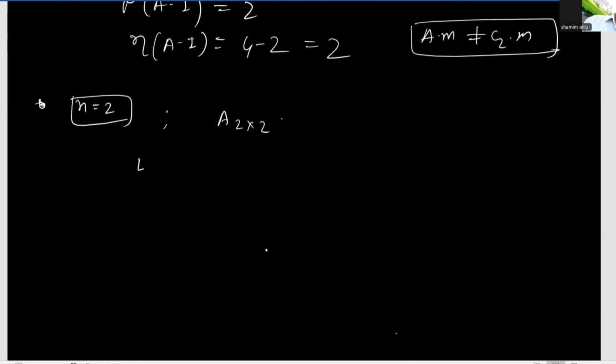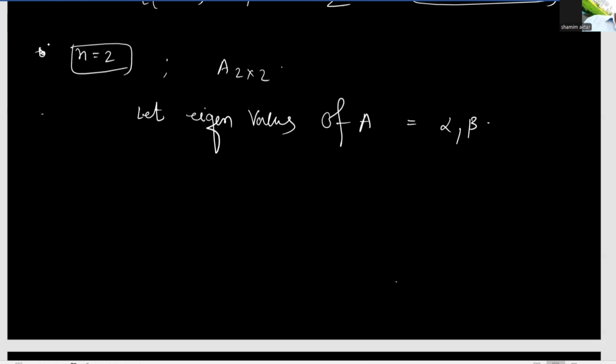So let the eigenvalues of A be alpha and beta. Here 3 cases are possible. If alpha beta is equal to 0, this implies A is a nilpotent matrix.